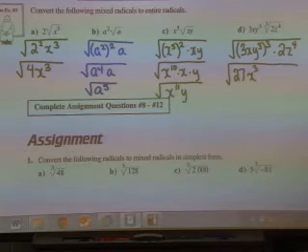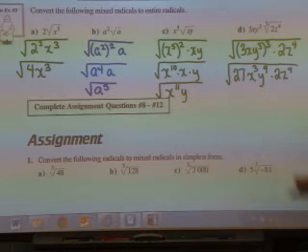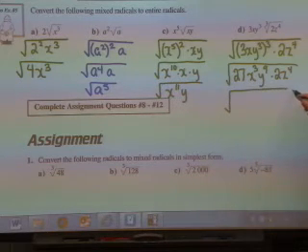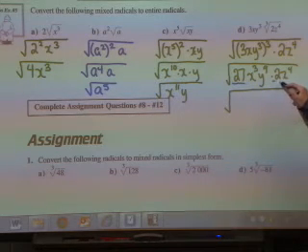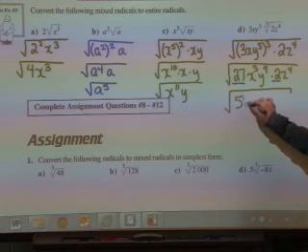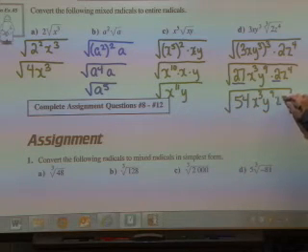Y cubed raised to the power of 3 would become y to the power of 9, times 2z to the power of 4. Is there anything else I can multiply together in this statement? The 2 and 27. And what would I get? 54. And then the variables, I generally put in alphabetical order.